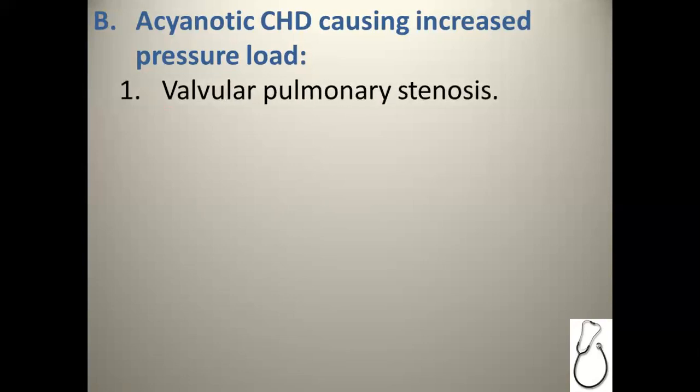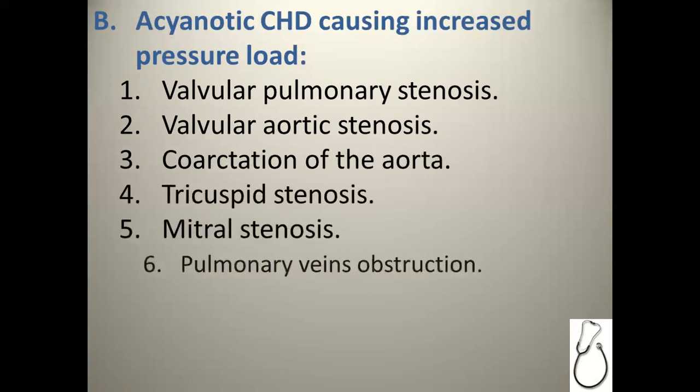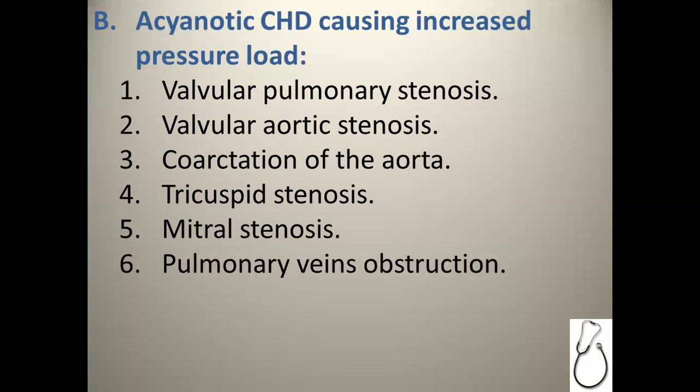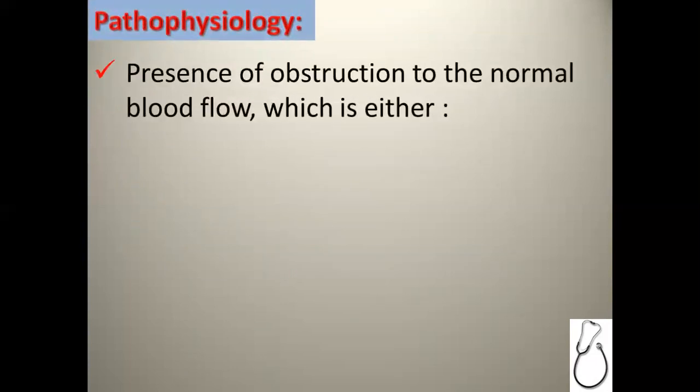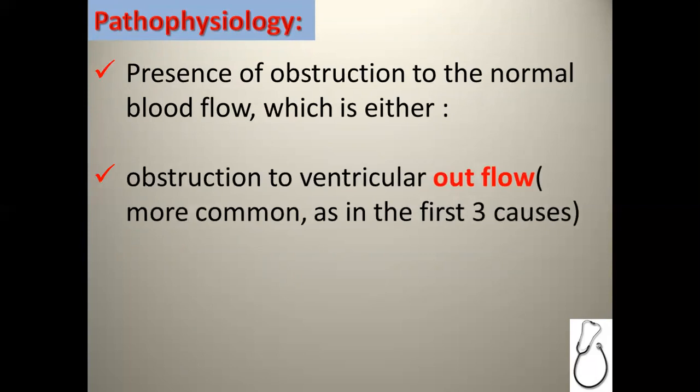These include valvular pulmonary stenosis, valvular aortic stenosis, coarctation of the aorta, tricuspid stenosis, mitral stenosis, and pulmonary vein obstruction. In the pathophysiology of this group, there is an obstruction to the normal blood flow, which is either obstruction to the ventricular outflow.